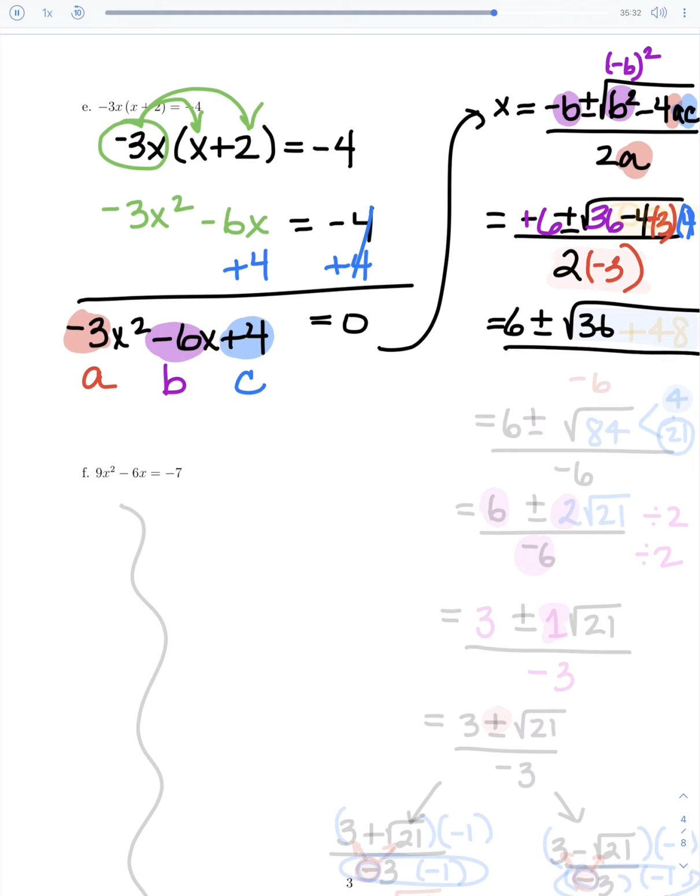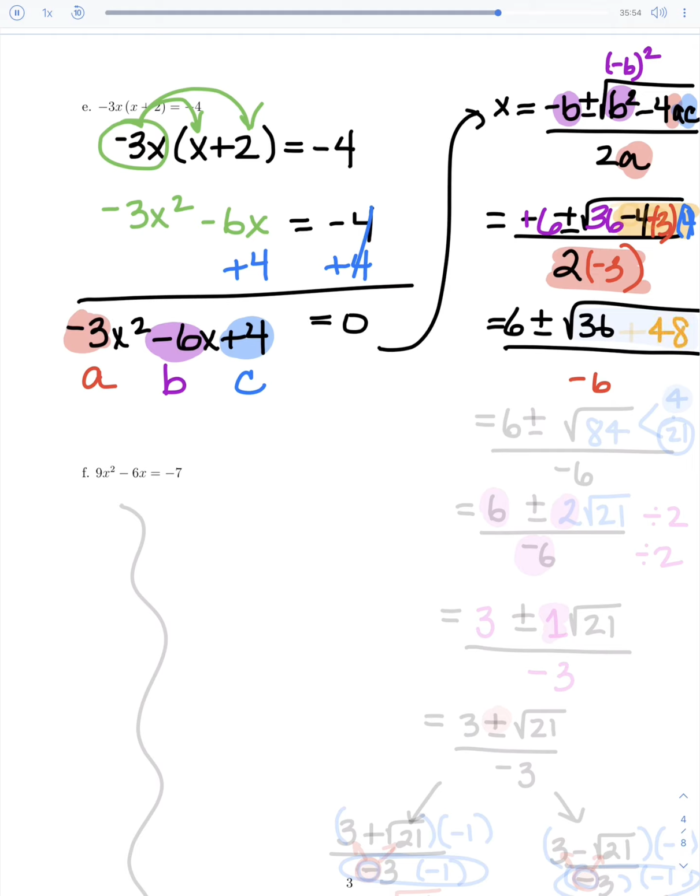And on the bottom, we do have a 2 times negative 3, which we can say is negative 6. But we do need to simplify all that multiplication inside of our root. The 4 times the 3 times 4.